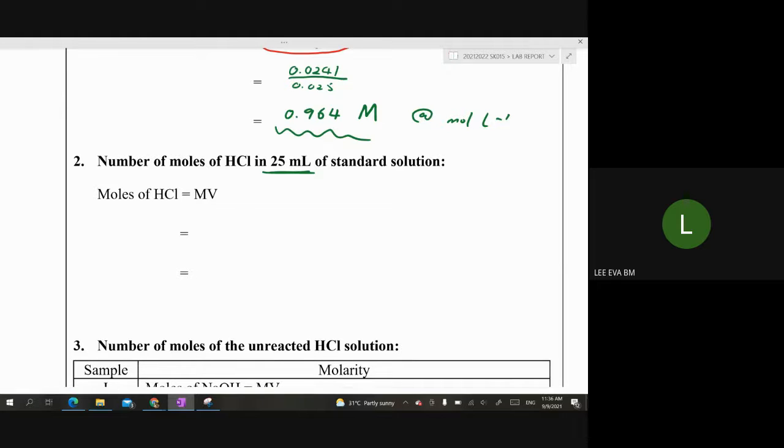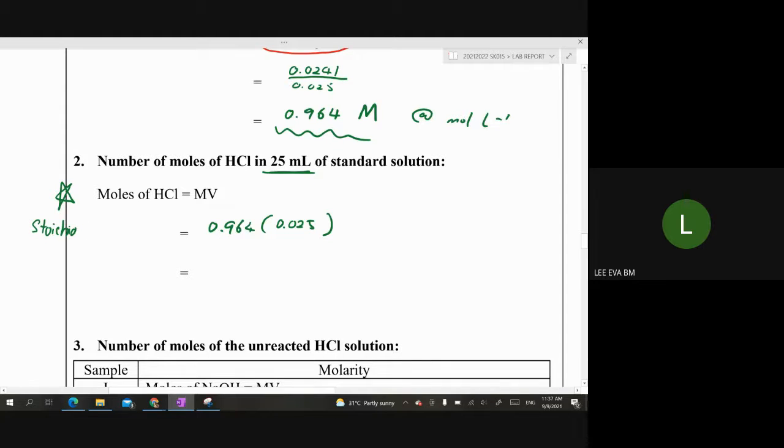Okay, so calculate the mole of HCl. We are using the concentration 0.964 times the volume 0.025 in liter, and then you will get the similar number of moles. Sebenarnya untuk step yang kedua ni, kalau awak nak pakai stoichiometry, so kita tahu number of mole of NaOH sebenarnya dia sama dengan HCl.